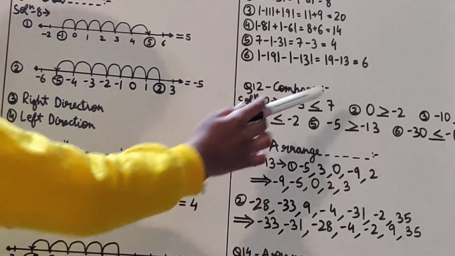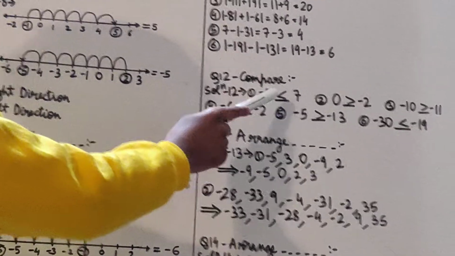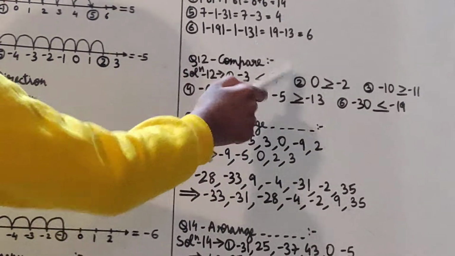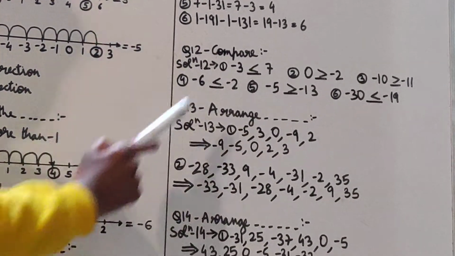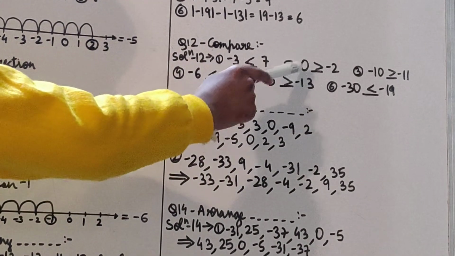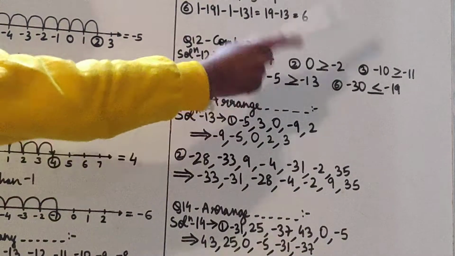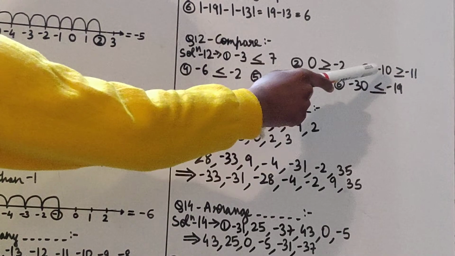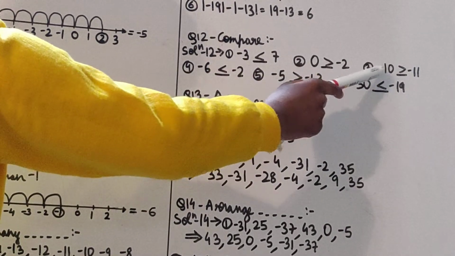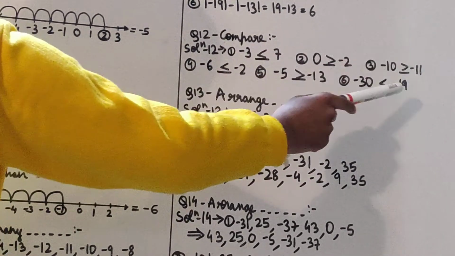Then question 12 is compare. So minus 3 and 7 over here. You can see that 7 is greater than minus 3. Then second is 0 and minus 2. 0 is greater than minus 2. Then third one is minus 10 and minus 11.